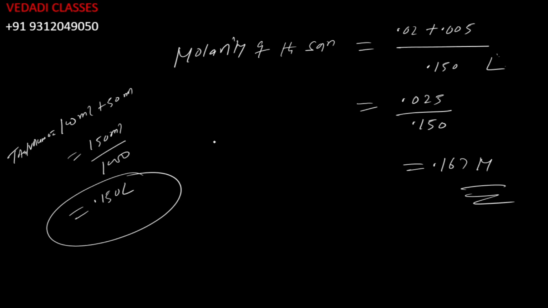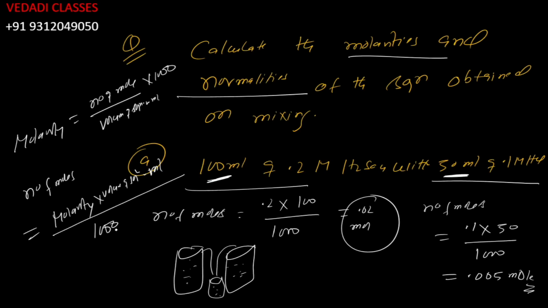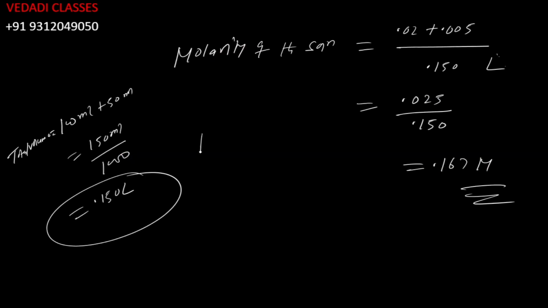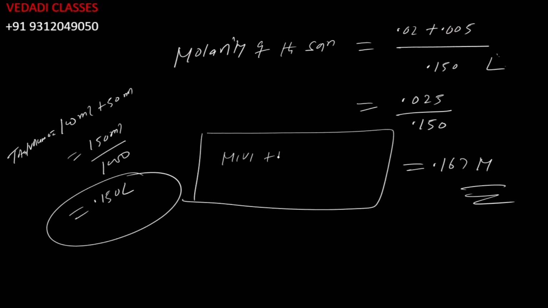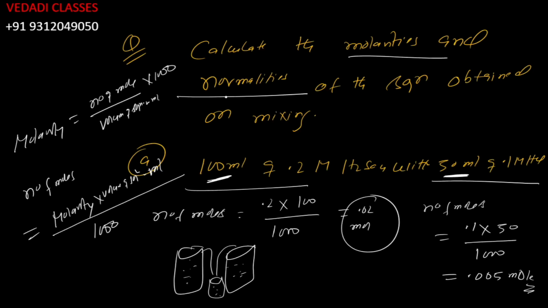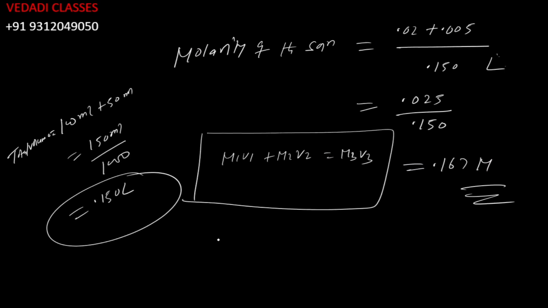Before that, there's one more way for the earlier question: calculating the molarity of this much H2SO4 with 50 ml of 0.1 M HCl. The formula I told you, M1V1 plus M2V2 is equal to M3V3. M1 is 0.2 and V1 is 100.